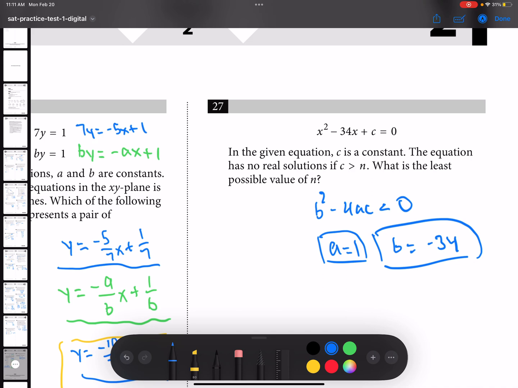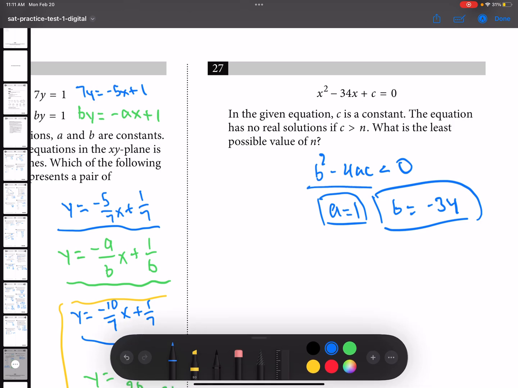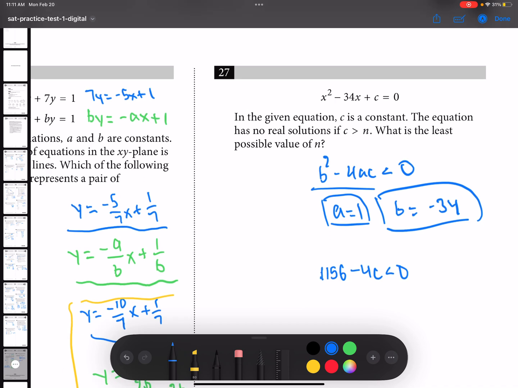Now, therefore, we can substitute it into this equation here. That would give us minus 34 squared, which would give us 1156 minus 4ac, which is minus 4c, is less than 0. Now I'll take this to the other side to make it easier. 1156 is less than 4c.